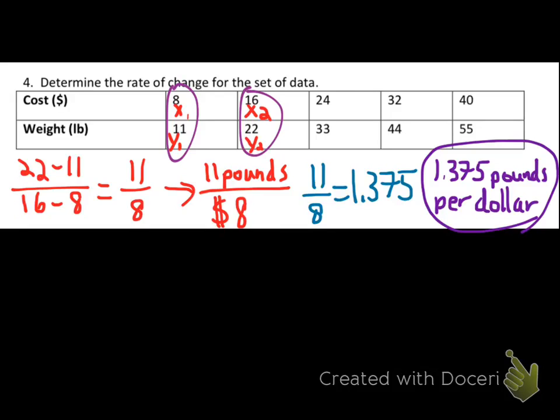So it would make sense that since I'm spending more dollars, if I wanted to, for example, spend $2, the pounds that I would receive would increase because that is a positive number here. So this rate of change is positive, which basically means the slope is positive. So if we were to graph this line given this table here, it would be increasing from left to right.